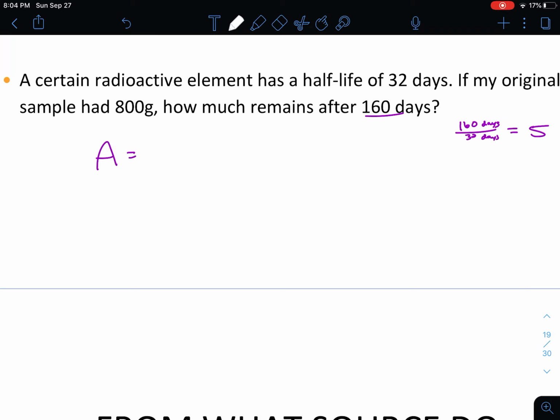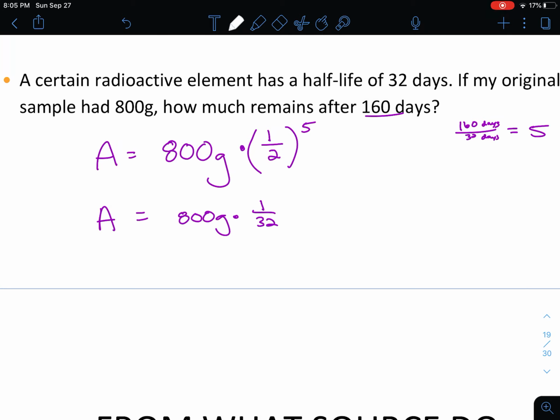My final amount, I don't know. The original amount was 800. I'm going to multiply that by 1/2 to the fifth, which is that H value. So 800 times 1/32, in essence, and you'd end up getting your final amount of 25 grams.